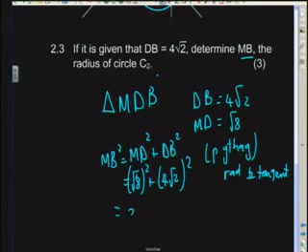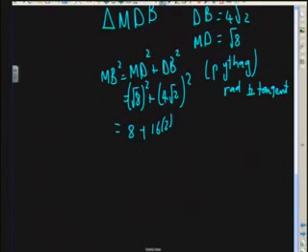So that's going to give me 8 plus 16 times 2, because if I square the 4 I get 16. You square the square root, it disappears, so we're just left with what's inside, which is the 2. 16 times 2 is 32. 32 plus 8 is 40.